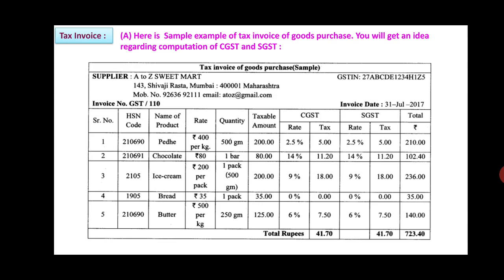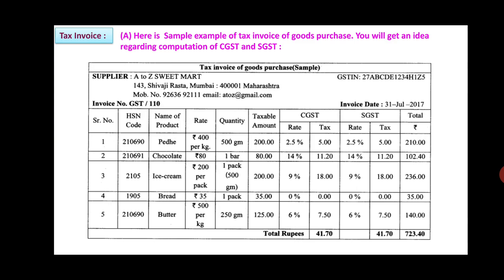This is how it looks. In the right corner they have written the name of the supplier, A to Z Sweet Mart, the address 143 Shivaji Rasta, Mumbai, pin code 400001, Maharashtra, and the mobile number 926369211. The email given is atoz@gmail.com.